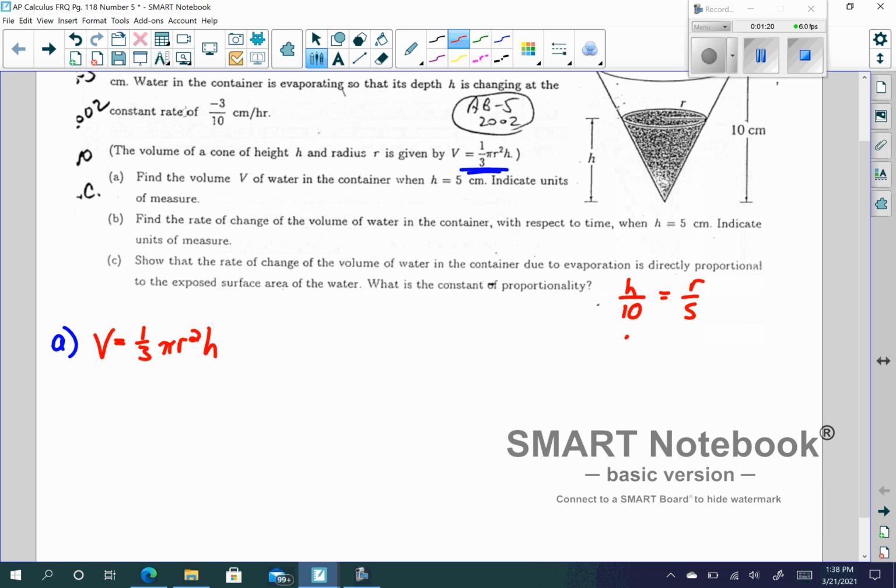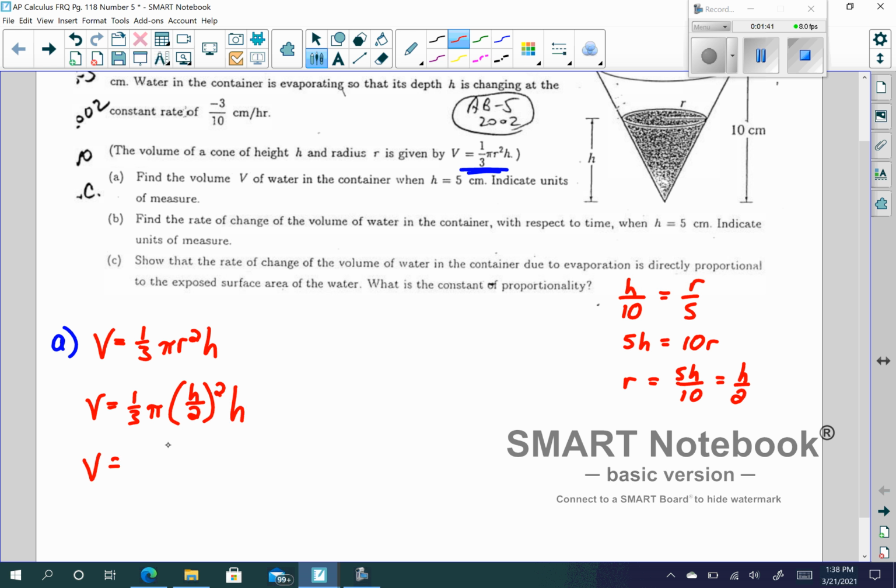So we could cross multiply. 5h is going to equal 10r. So divide by 10, so we'll get 5h over 10, or h over 2. And we'll go ahead and substitute this in. So we get 1/3 pi times h over 2 squared times h.